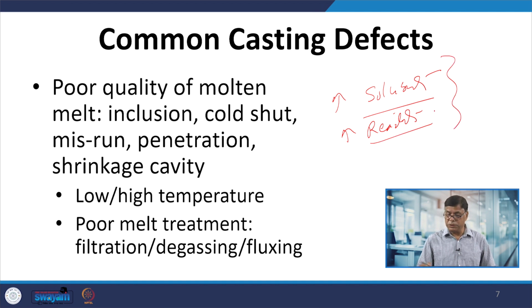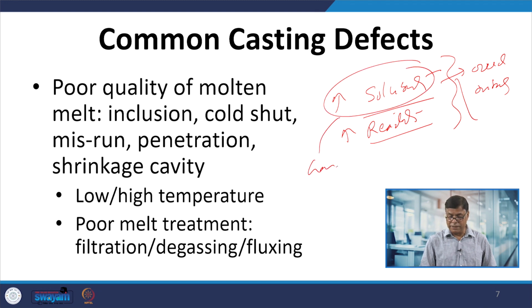So, both these will be increasing the oxide or nitride formation as well as the gaseous defect formation. Increasing solubility will be promoting the gaseous defect formation. On the other hand, if the temperature is increasing, then its reactivity with the gases present will increase, and that in turn will be leading to increased inclusion formation due to the formation of the oxides and nitrides.